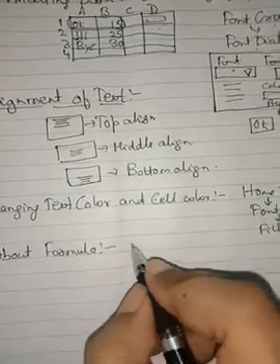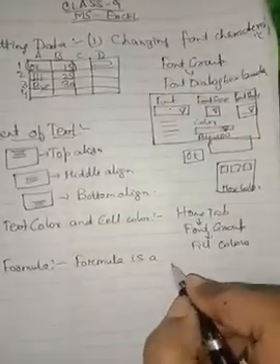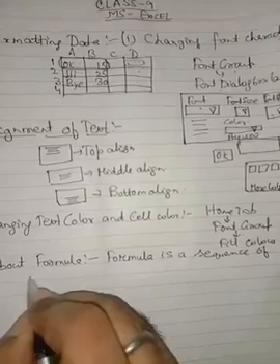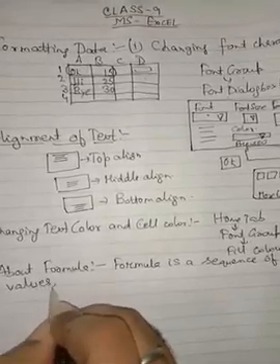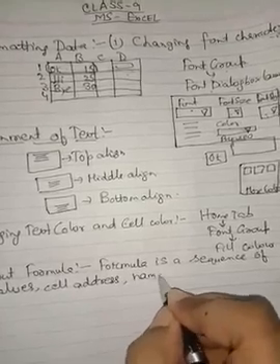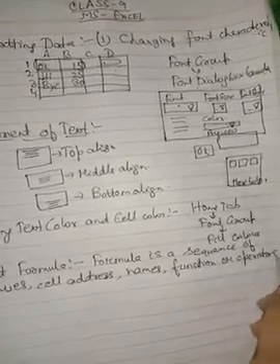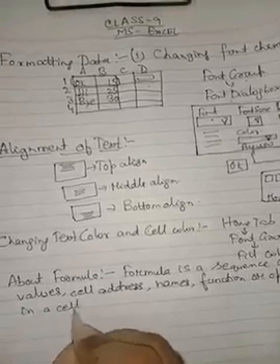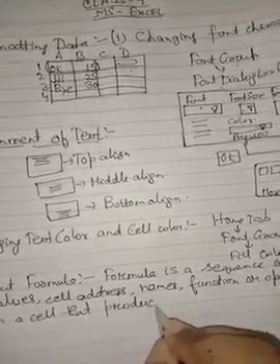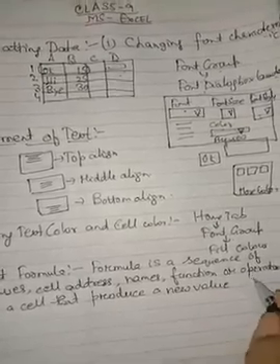So remember what a formula is. Formula is a sequence of values, cell addresses, names, functions or operators in a cell that produce a new value from existing values.